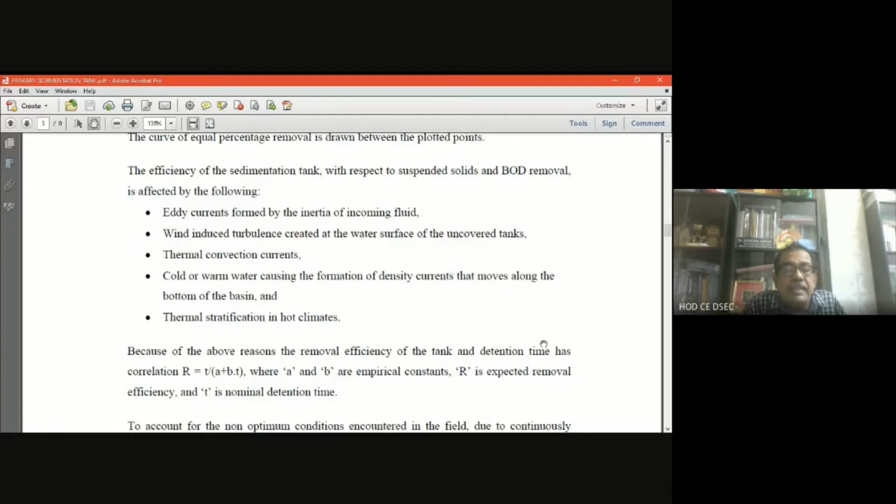Second, wind-induced turbulence created at the water surface of uncovered tanks is also an important parameter in deciding the efficiency. Third, thermal convection currents, cold or warm water causing the formation of density currents that move along the bottom of the basin. And finally, thermal stratification in hot climates.